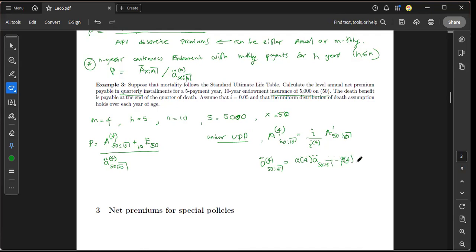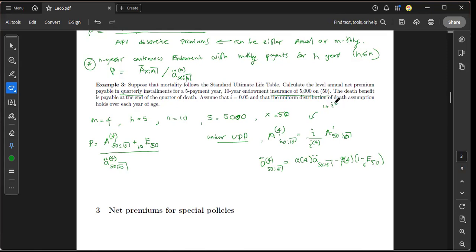So alpha(4) and beta(4) can be found from the table because i is equal to 5%. It's given in the standard life table document. And since this is a term life, we have to multiply beta by 1 minus the pure endowment part. So this is also found in the table. So you can get this ratio if you could remember.